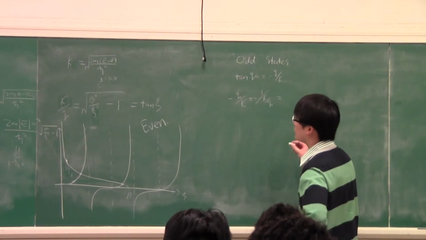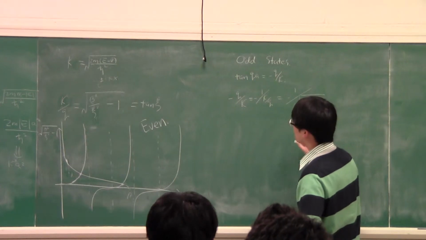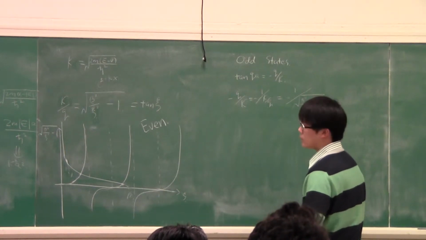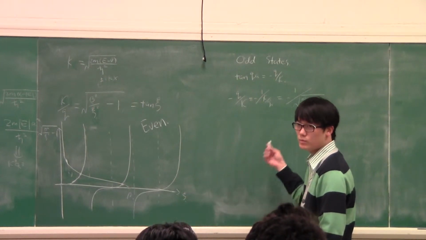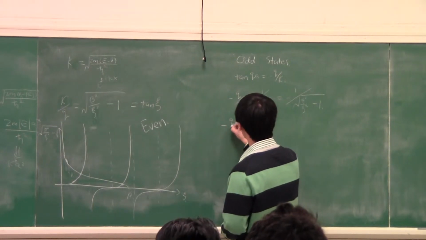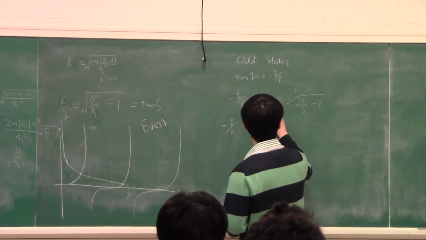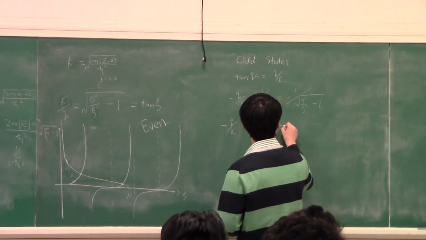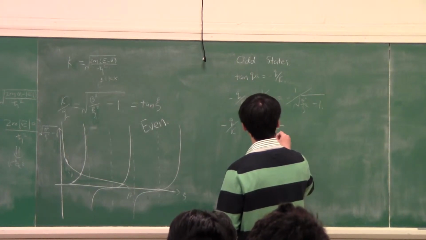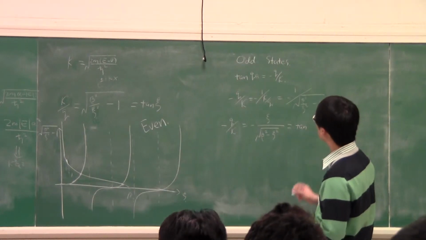So that's minus 1 over the square root of beta squared minus 1. Now you multiply both up and down by c squared, so you get minus c divided by the square root of beta squared minus c squared. And this is to be matched to the tangent.